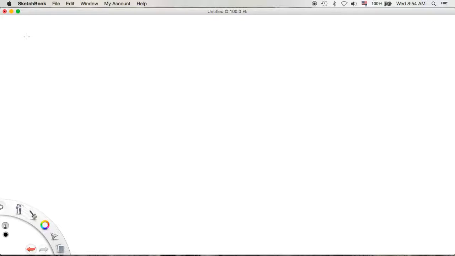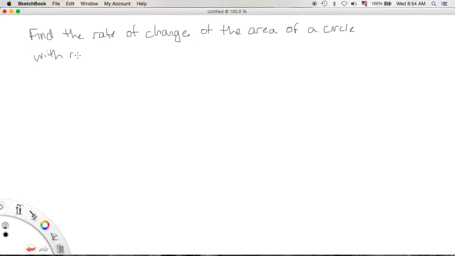What if we want to find the rate of change of the area of a circle with respect to its radius? Now this is where that differential notation helps, because we're finding the rate of change of the area with respect to the radius.